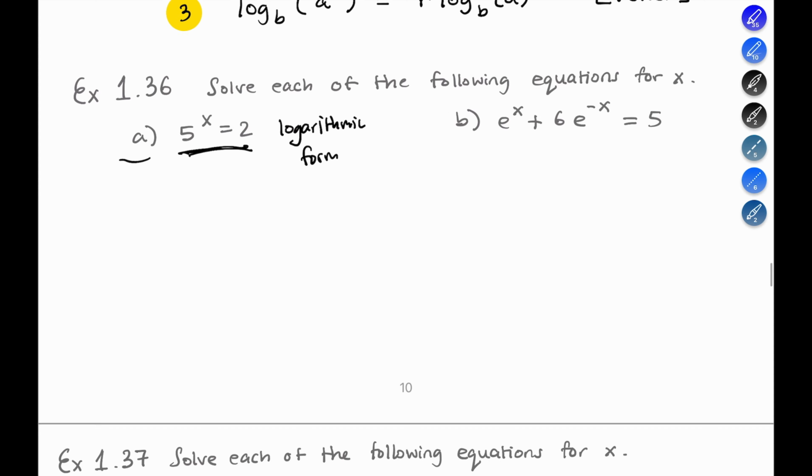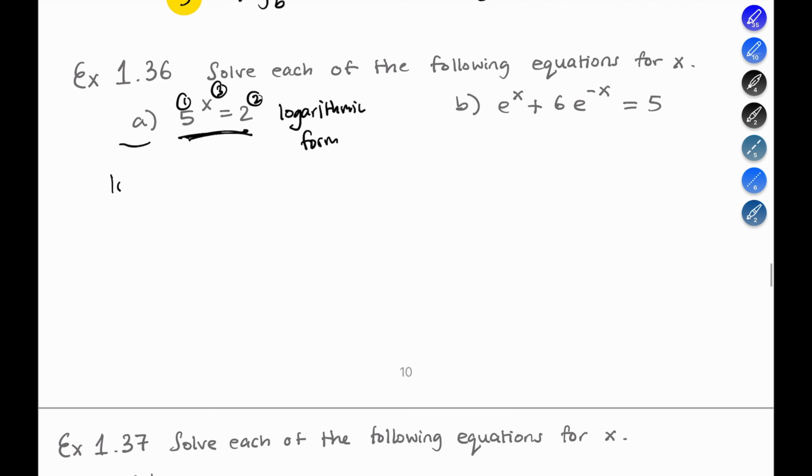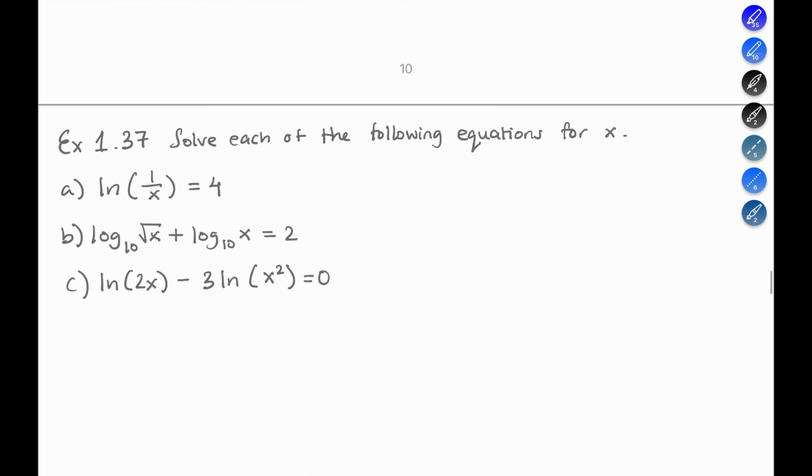So looking back at our problem, the 5 is 1, the x is 3, and the 2 is going to be 2. So this is a 1, 3, 2 pattern, and if we want to convert it into logarithmic form, it's going to be log base 5, because the 5 is the b, and then the 2 is going to be in the parentheses, and that is step 2.